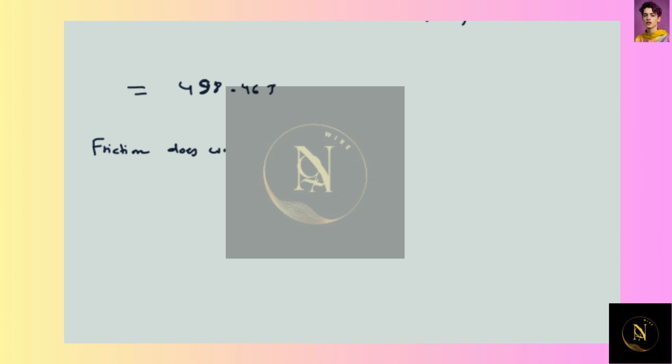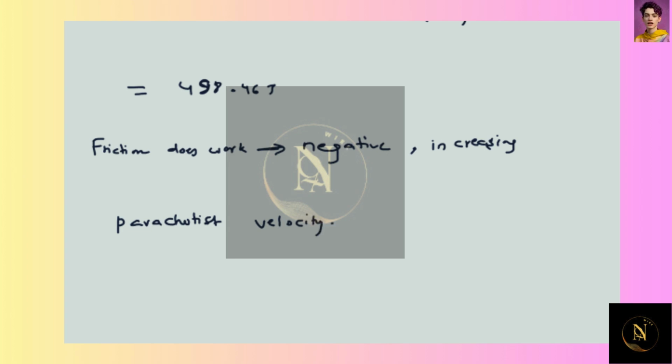Now, friction does negative work. So negative work is done by the friction, increasing the parachute velocity.